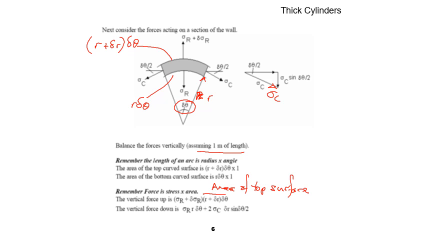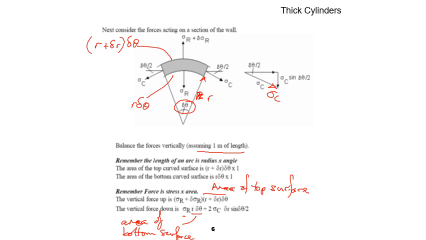And downwards we have, first, sigma r acting on the bottom surface, and the area of the bottom surface is this. Okay, so this is the area of the bottom surface, right?